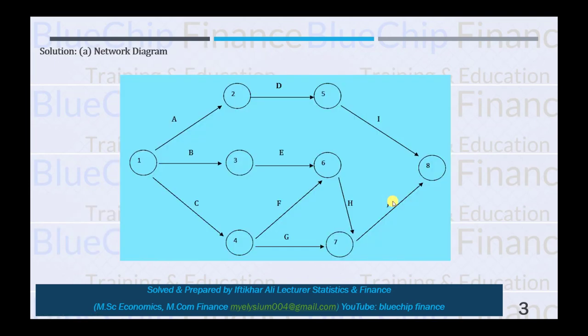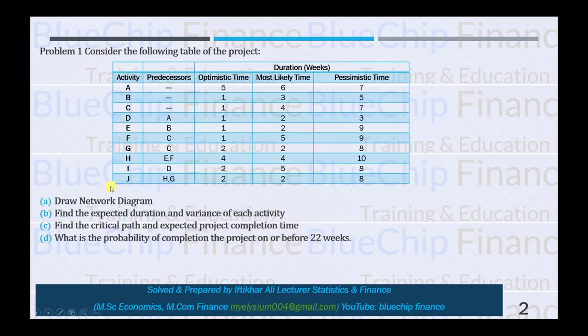So first of all, the first question: draw the network diagram. As you can see here, activities A, B, C are given and there are no predecessors for these activities.